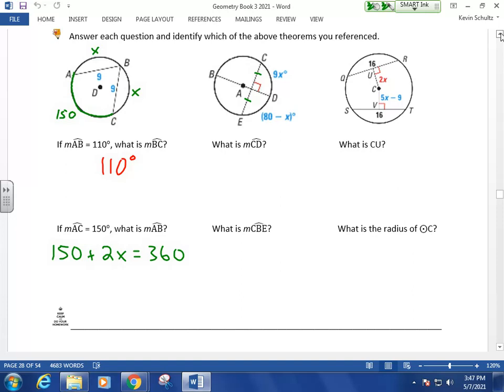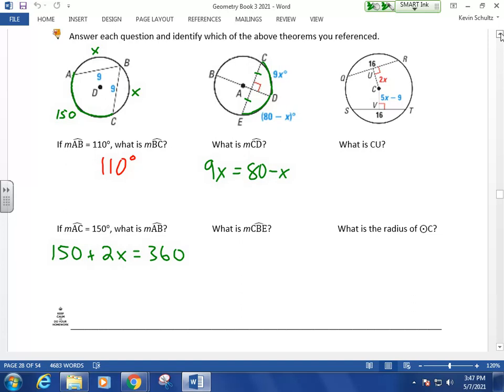But anyway, now that we've got this, we know that CD is congruent to ED. Since we're given a value for CD, 9x, and for ED, 80 minus x, and we know they're congruent, we can solve for x, which isn't our actual answer here.